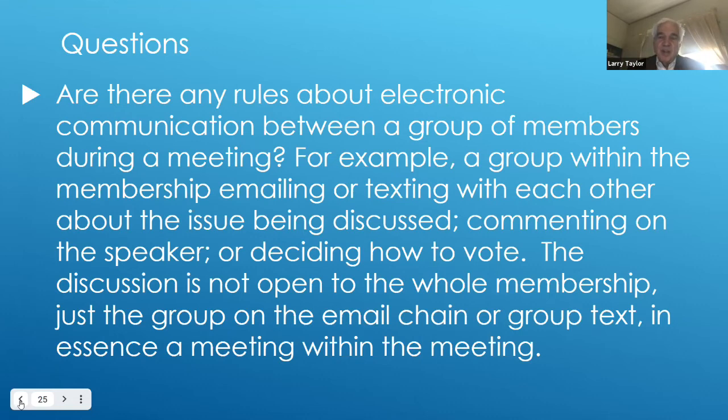Probably the most evolved section of Robert's Rules of Order between the 11th edition and the 12th edition is the whole subject matter of electronic meetings, because there had been about 10 years between those two editions, and it was exactly the emergence of virtual meetings that is having the biggest impact on the way meetings are conducted.